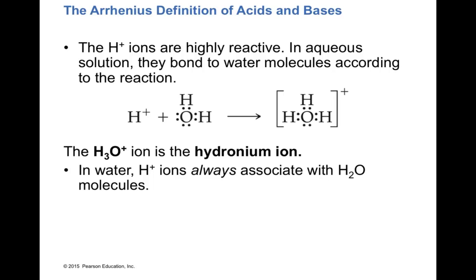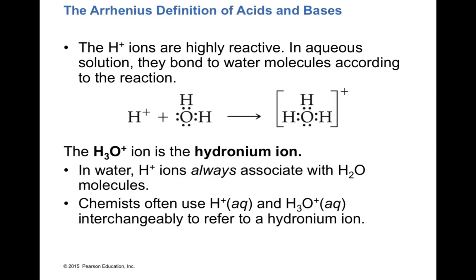You will never see an H+ in water itself. If you have H+, it will be bonded by water, and you will have H3O+. So if you see, for example, 10 molecules of H3O+, that means that you have 10 protons. Chemists often use H+ protons and H3O+, the hydronium ion, interchangeably to refer to a hydronium ion. So basically, when we talk about protons or H3O+, we're talking about the same thing.